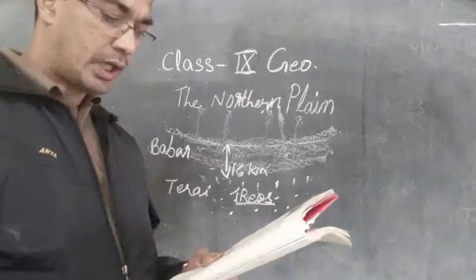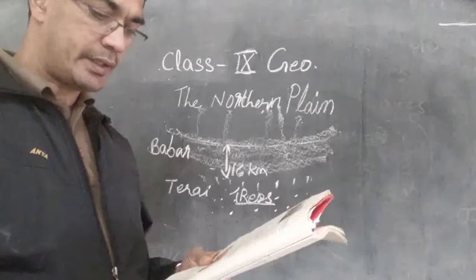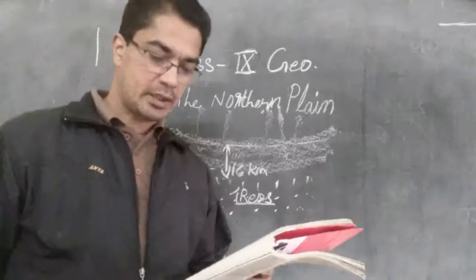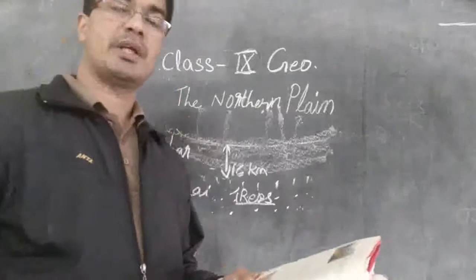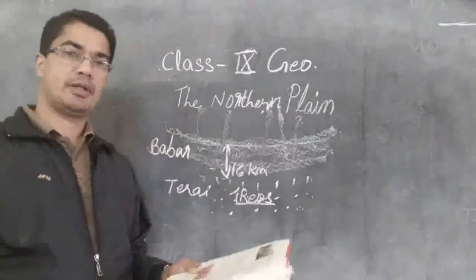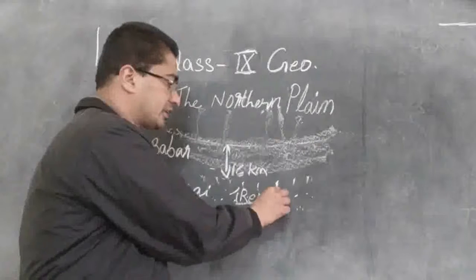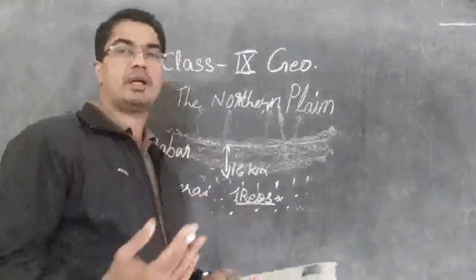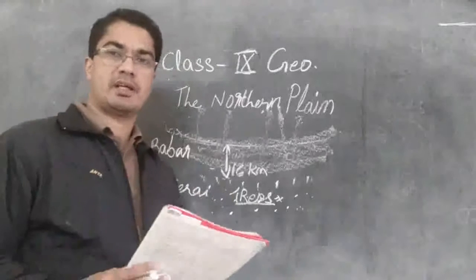And the forests have been cleared to create agricultural land and to settle migrants from Pakistan after partition. So what did the government do when India got independence? They cut down all these trees. Some areas they managed to make cultivable, agricultural land.